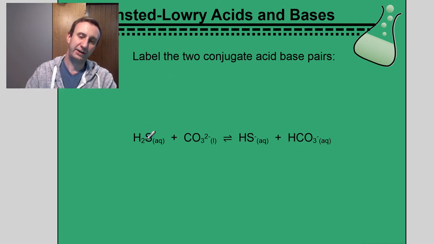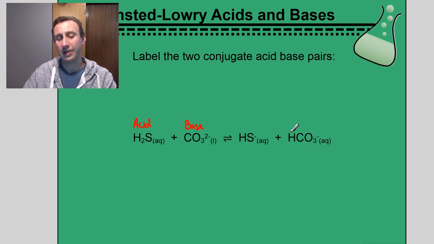So looking at this, H2S gives a proton to CO3 2-. So this is my acid, and this will be my base because it accepts the proton. If I look at the reverse, this hydrogen is being given to HS-, so that makes this my conjugate acid, and this is my conjugate base.